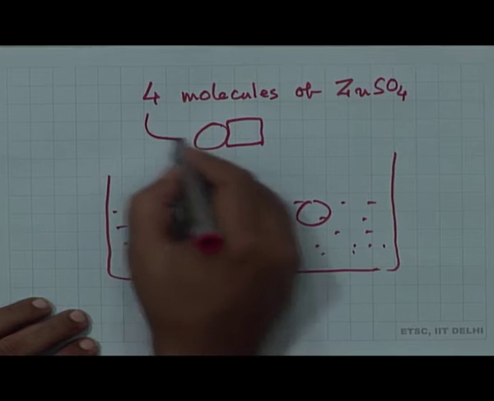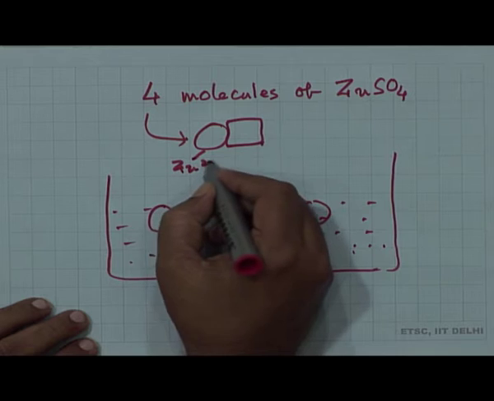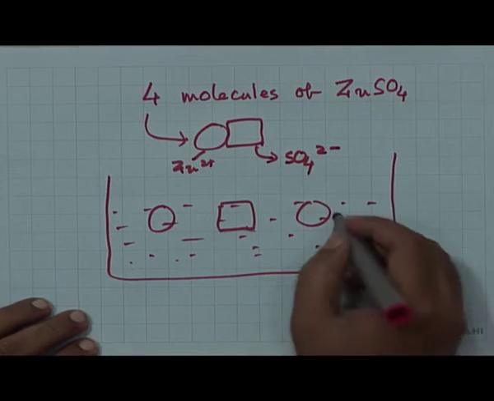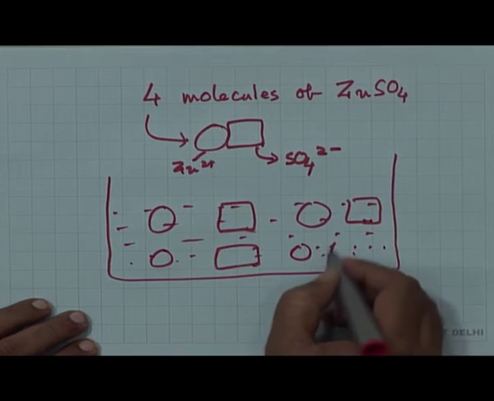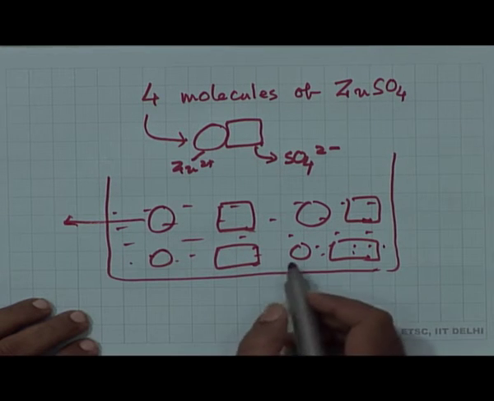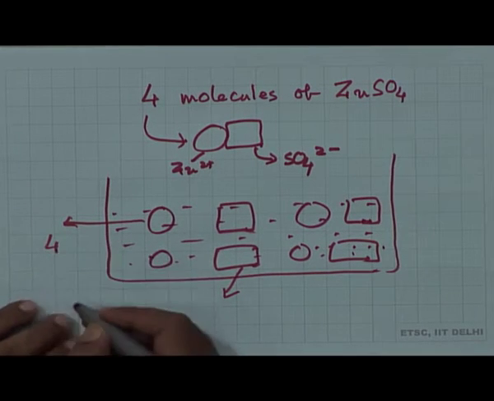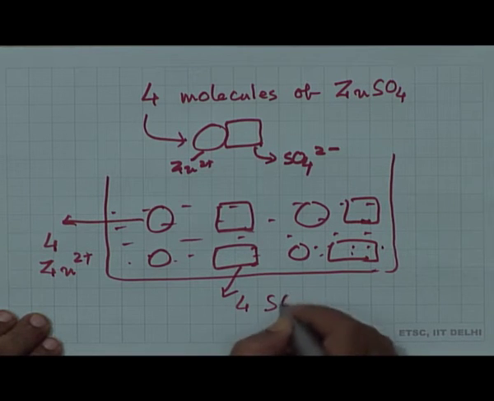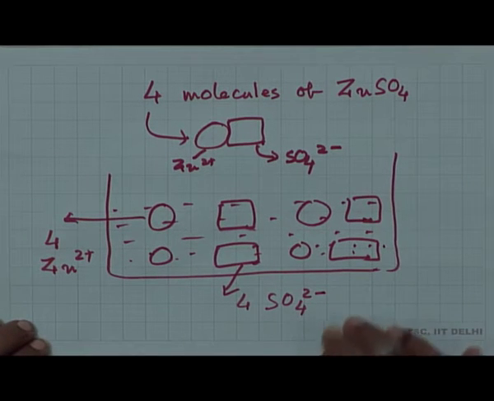So, you will get 4 zinc 2+ and 4 sulphate 2- ions. This is an example of a strong electrolyte.